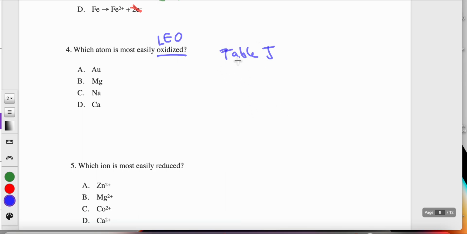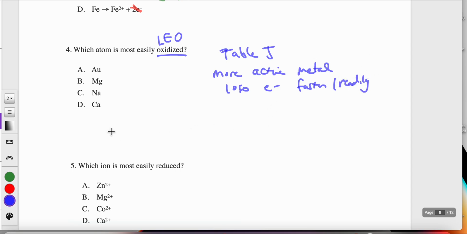So on table J, the more active metal loses electrons faster or more readily.